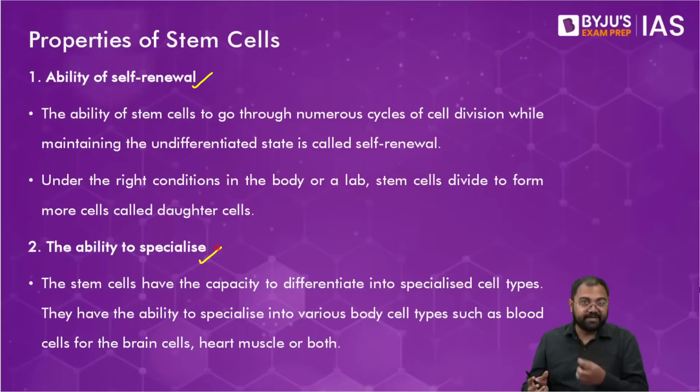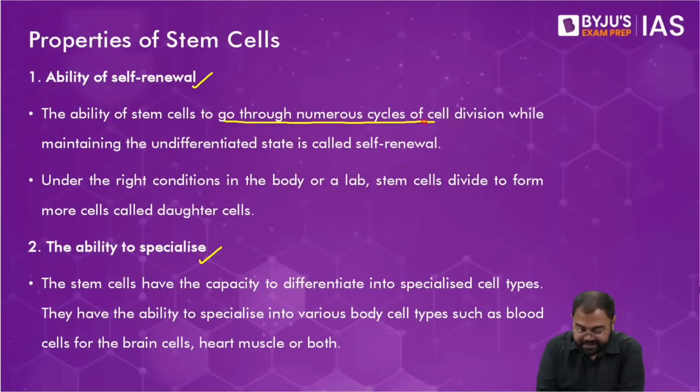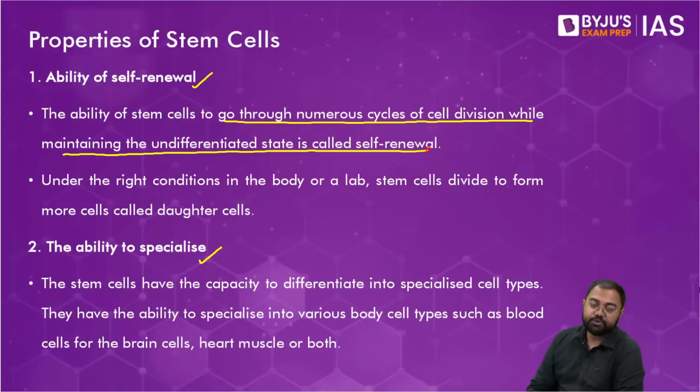So their ability to self renew becomes very, very crucial. They will undergo numerous cycles of cell division while maintaining the undifferentiated state. So there will be multiple cycles of cell division before they start to specialize.